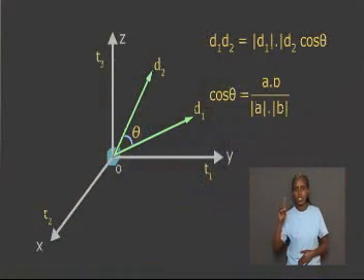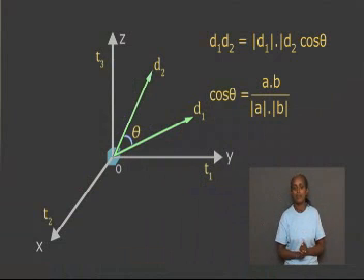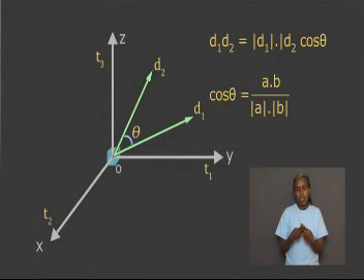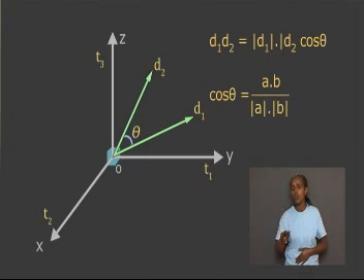In this image, D1 and D2 are vectors in space. Their product is the dot product of both vectors' magnitude multiplied by the cosine of the angle between the two vectors. Let us solve this equation for the cosine of the angle.